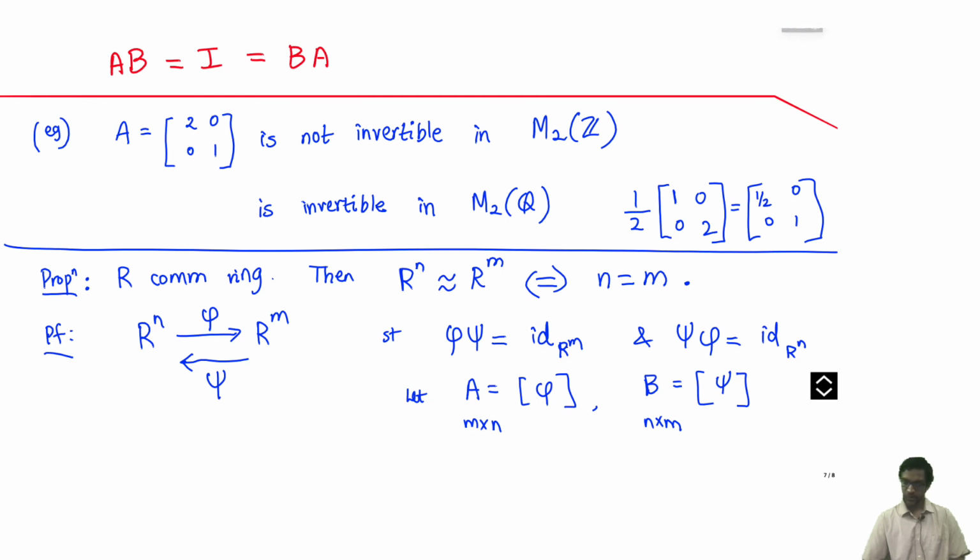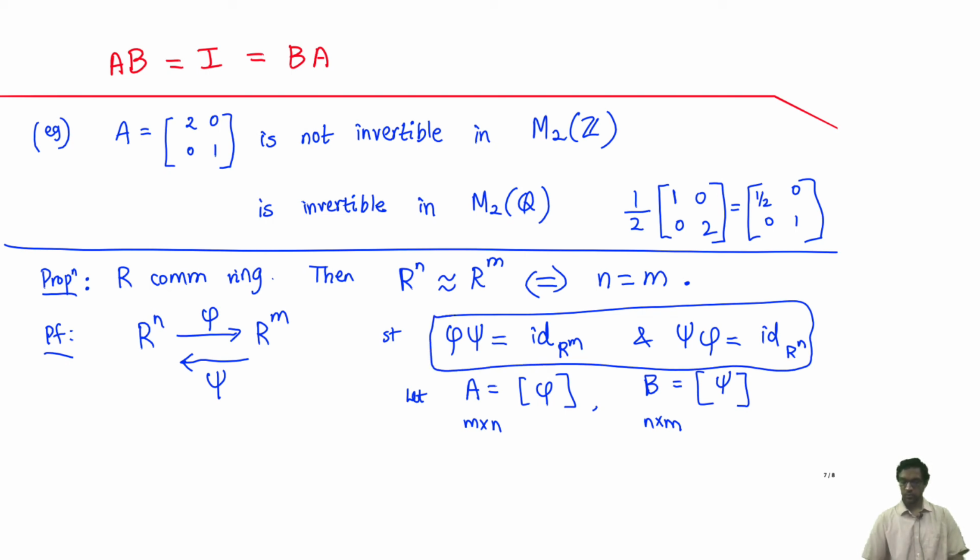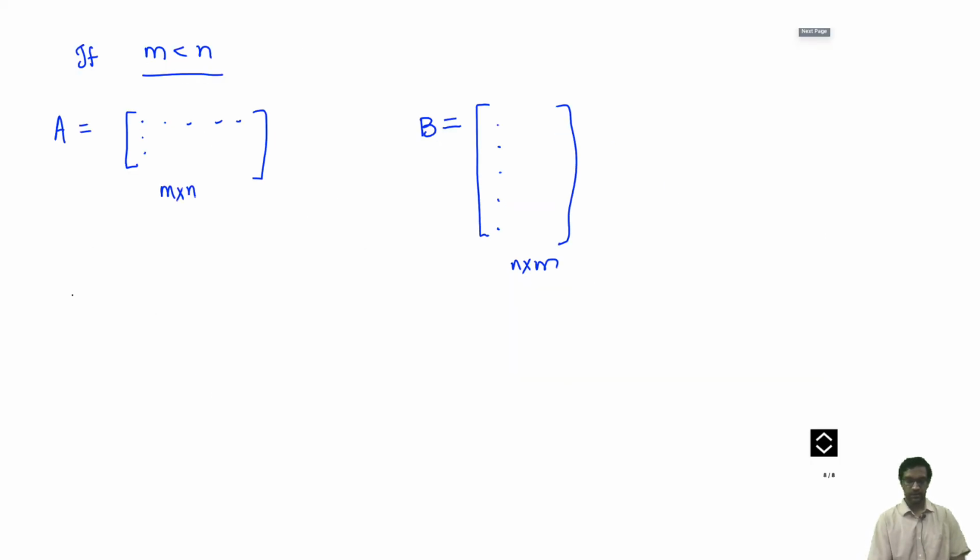That's what these two equations mean in terms of homomorphisms. So when I multiply AB, it should give me the identity m cross m, and when I multiply BA, it should give me the identity n cross n.